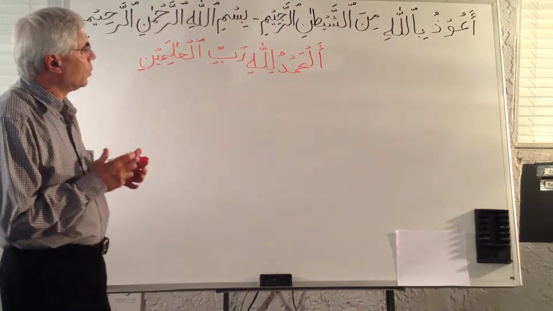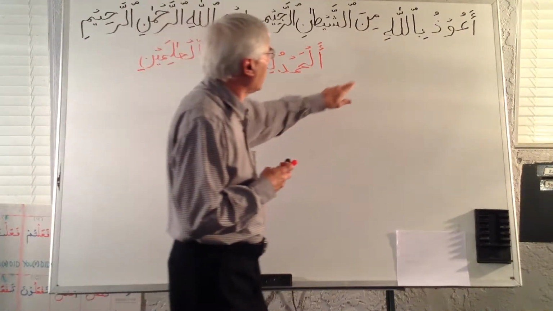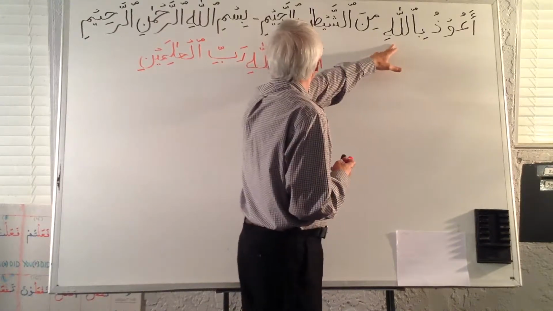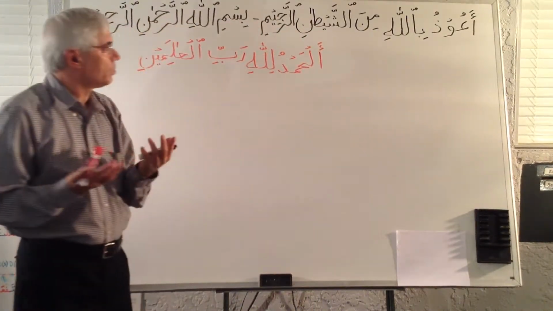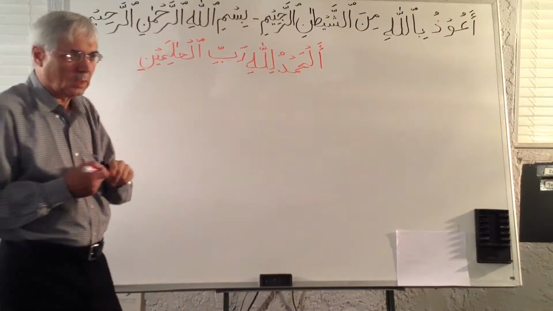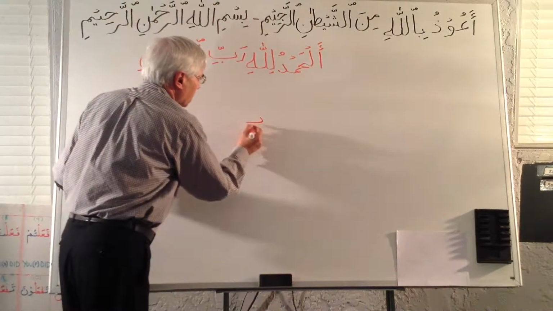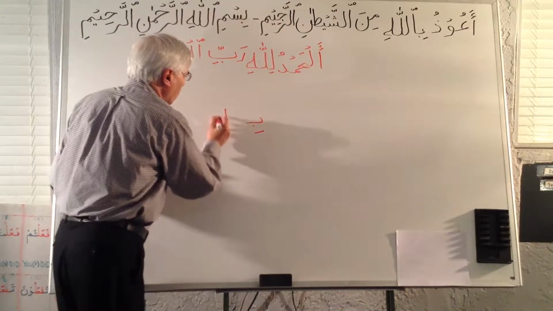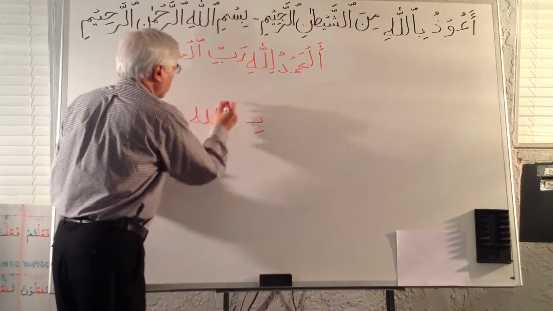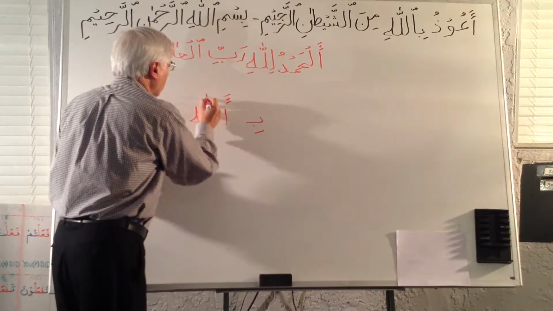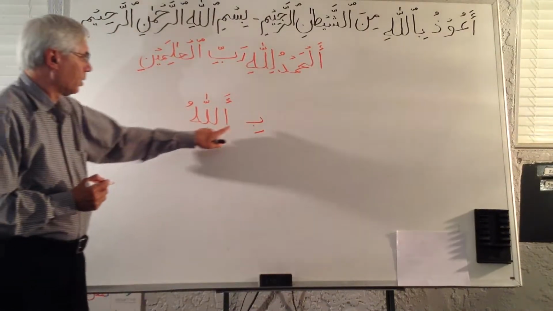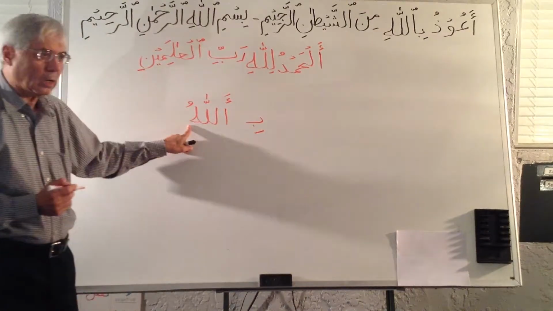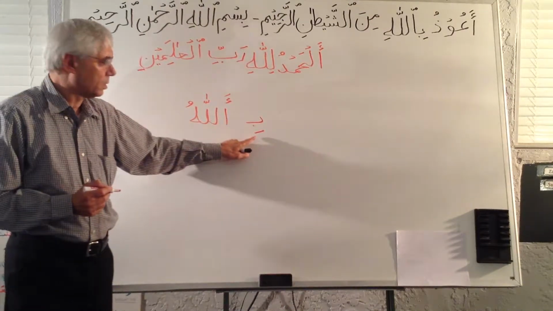So now, if you notice, Billahi is made of two words, Bi and Allahu. Bi is a harf-jar.